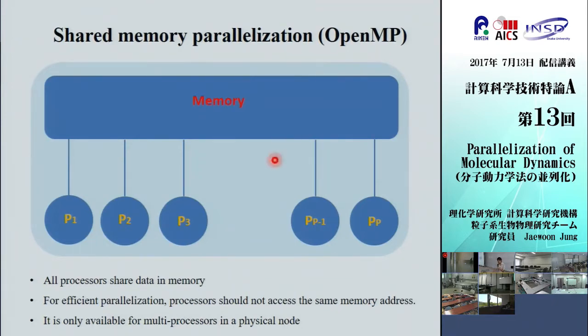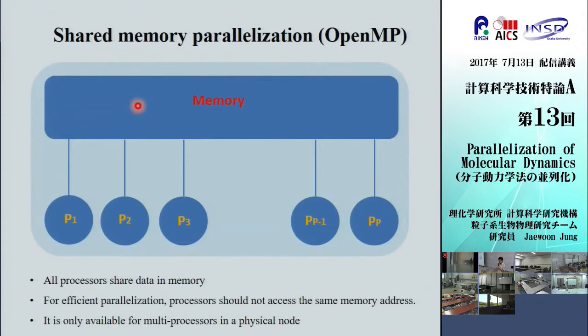For efficient parallelization, processors should not access the same memory address. So just assume that this processor accesses the memory address. At the same time, just assume that another processor writes the same part. Then the result is not reliable at all. So this is very important in OpenMP parallelization.